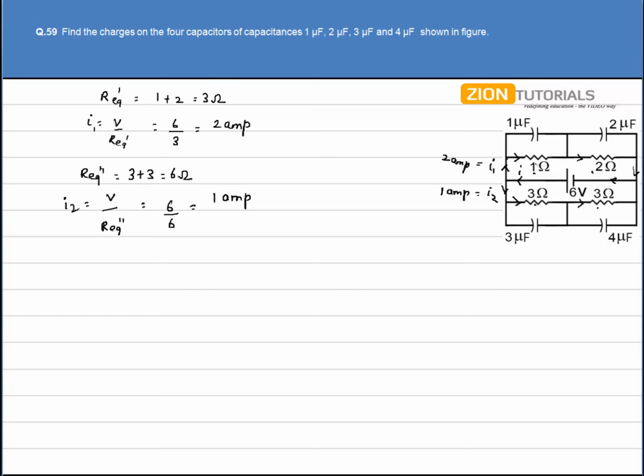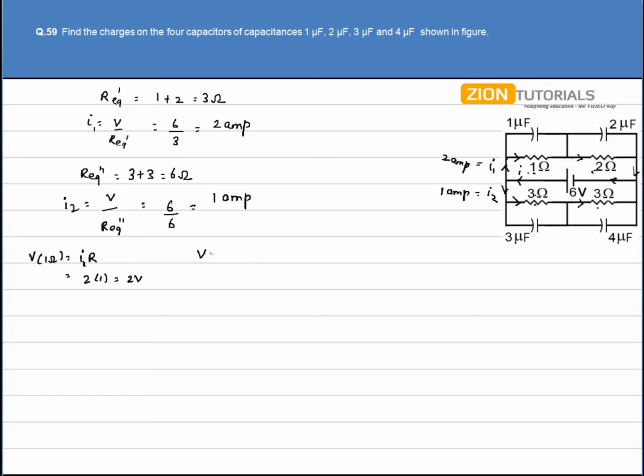Now I have to calculate the potential drop across 1 ohm, 2 ohm, 3 ohm and 3 ohm. So the potential drop across 1 ohm is calculated by IR. Here the current is I1, resistance is 1 ohm, so I have 2 into 1, that is 2 volt.